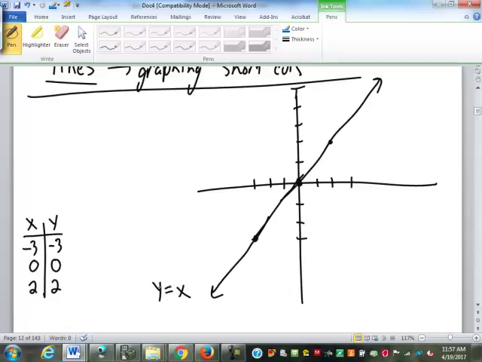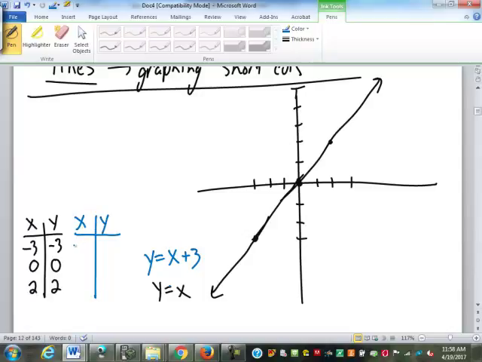Well, there are some things we can do, just like we did with our basic equations a couple of units ago. We can build onto that equation to make it more complex. One thing we can do is add or subtract. So let's add. Let's do y equals x plus 3. Now we've got x and y.